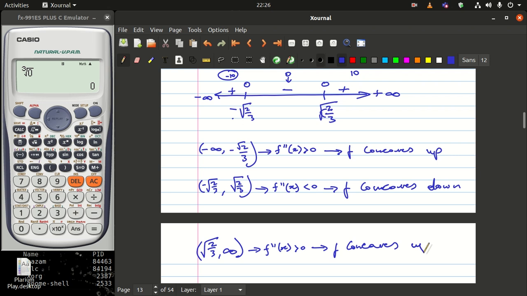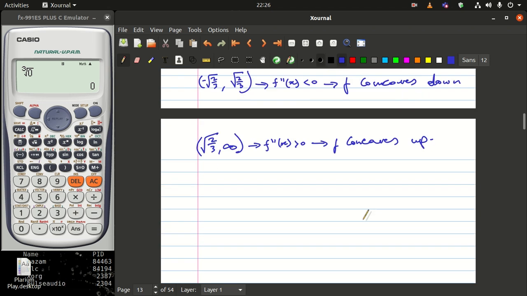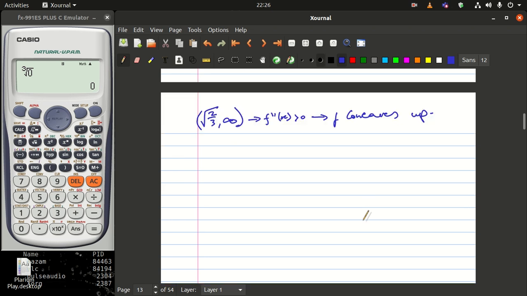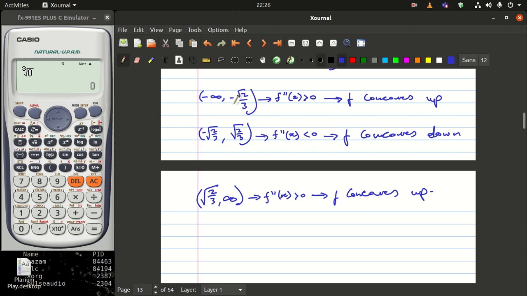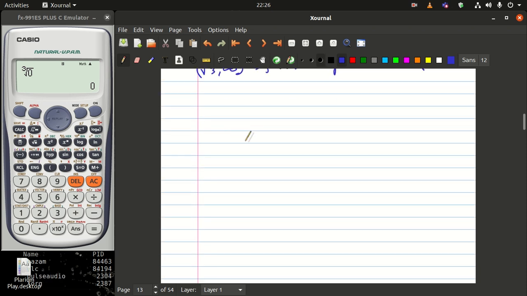So that is what this is telling us. The next thing that we wanted to do is classify whether we have concave up or down. So in this interval and that interval we have concave up, and in this one we have concave down.